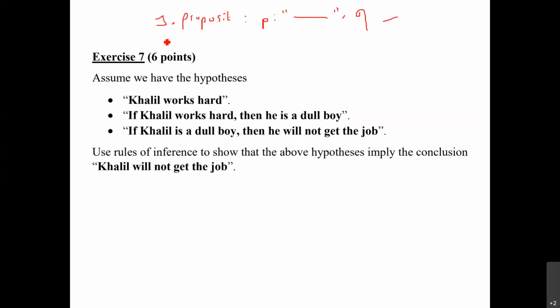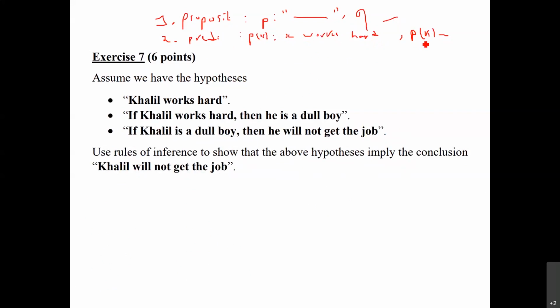Or way 2 would be using predicates. So it would be like, hey, P of X means X works hard. And you can say at a certain point that you have P of K such that K is Khalil.